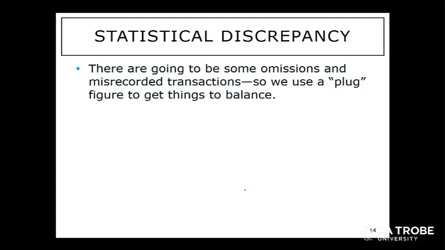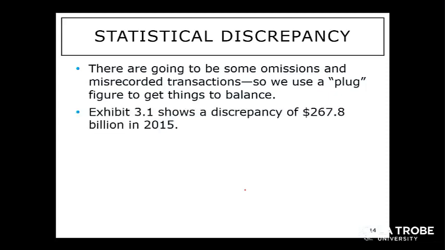Next, we have the statistical discrepancy. So this is what we mentioned before. This account is there to reconcile any differences between the main accounts, right? So in this case, in 2015, the discrepancy in the US balance of payments is quite large. It's about $267 billion, right?